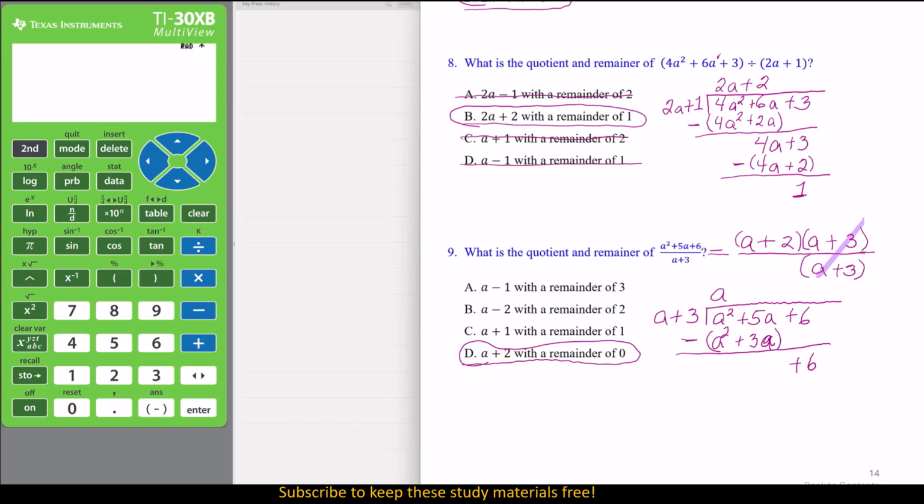So a squared minus a squared is 0. However, 5a minus 3a is 2a. Now, I need to multiply the a times plus 2, and 2 times a is 2a, and 2 times 3 is 6. And when we subtract, we get 0. Therefore, number 9 is verified, or rather, option D is verified.